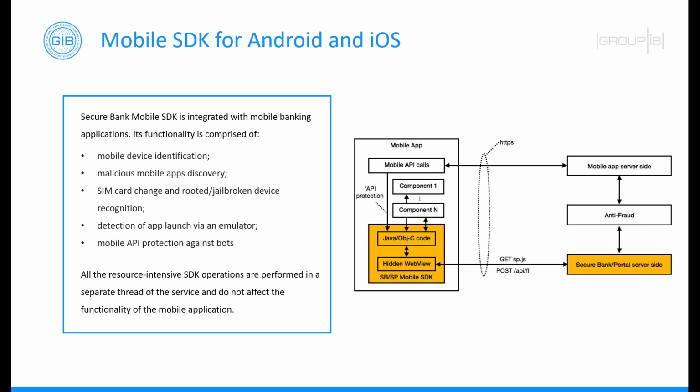It also offers detection of app launch via an emulator, and mobile API protection against bots. All resource-intensive operations are performed in a separate thread of the service, and they don't affect the functionality of the mobile application.